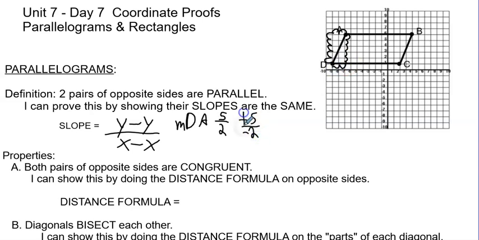But remember, negative divided by negative is positive, so it's the same. Well, guess what? BC, 1, 2, 3, 4, 5, 1, 2. Also 5 halves. So we can prove that these two are parallel. And DC and AB are easy because they're horizontal lines, so we know they're parallel. They both have a slope of 0.